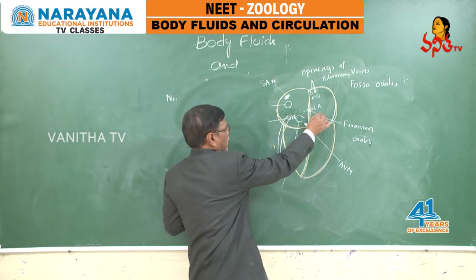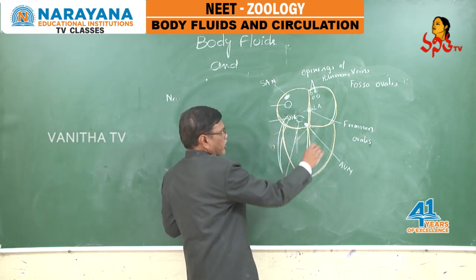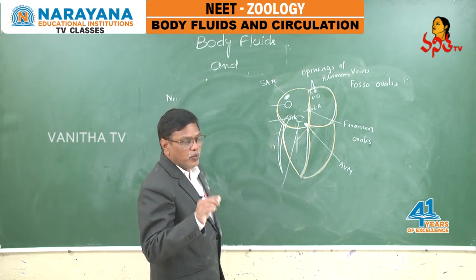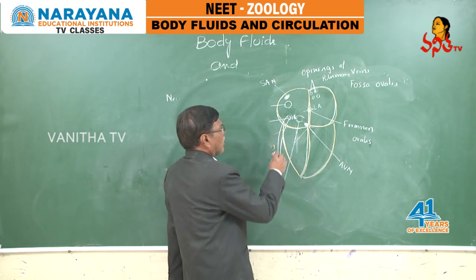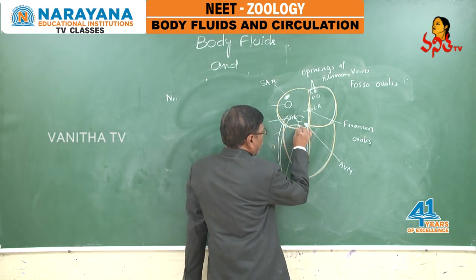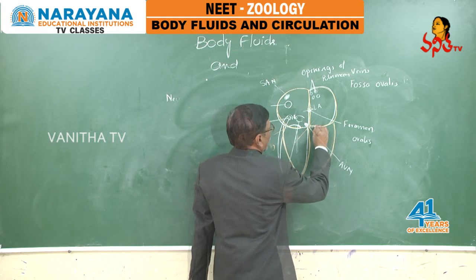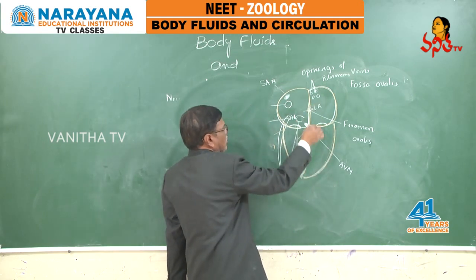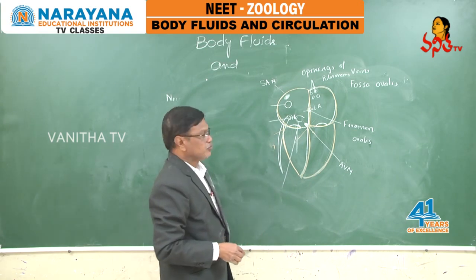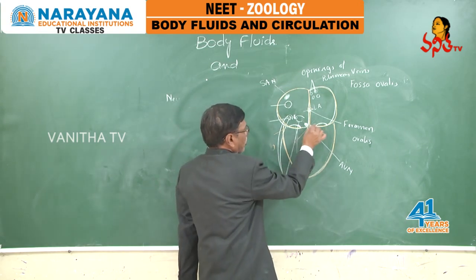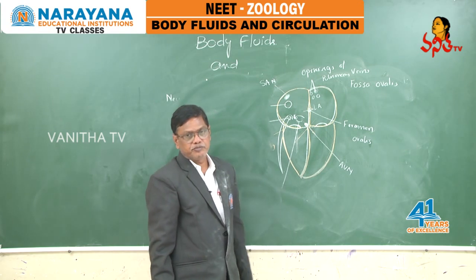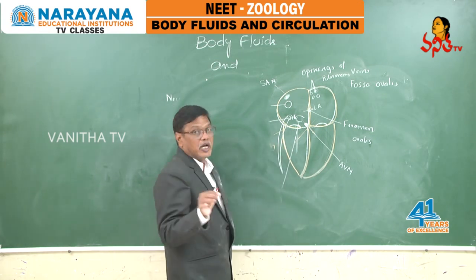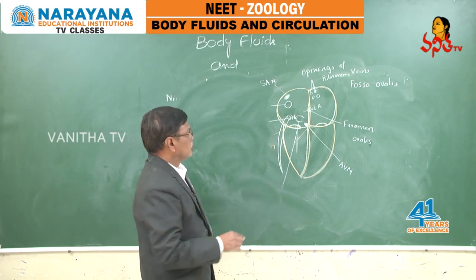Then the two auricles together are separated from the ventricles by the auriculoventricular septum. On the auriculoventricular septum, two wide openings, through which the auricles open into the ventricles, are the auriculoventricular openings. These openings are guarded by valves.